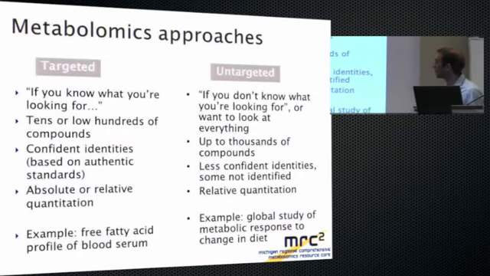This is a little bit of review from Sub's talk, and we'll just put a little bit of a different slant on it. Metabolomics approaches. As has already been mentioned, there's two basic designs of an experiment. You can do targeted, which is, in terse terms, if you know what you're looking for.